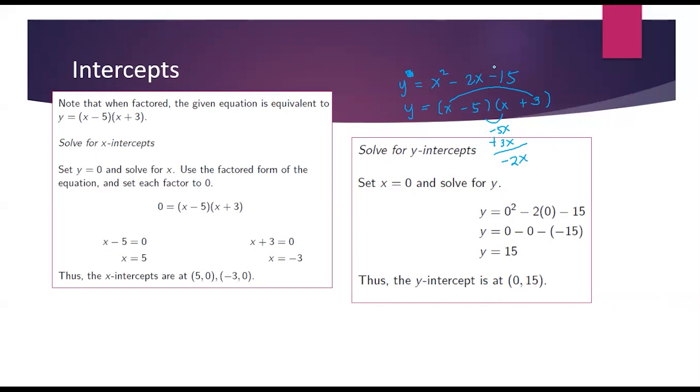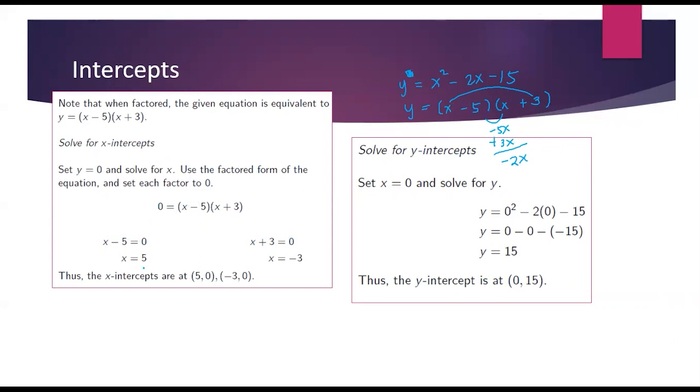To solve for the x-intercepts, you set y equal to 0. Since I have two factors here, x minus 5 and x plus 3, you equate each factor to 0. So x minus 5 is equal to 0, and x plus 3 is equal to 0.